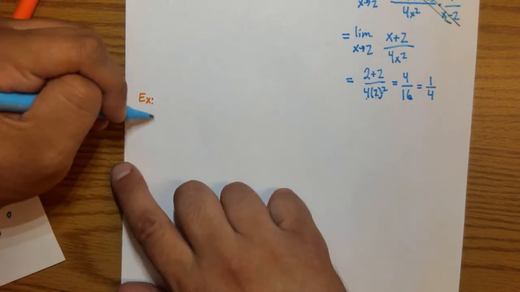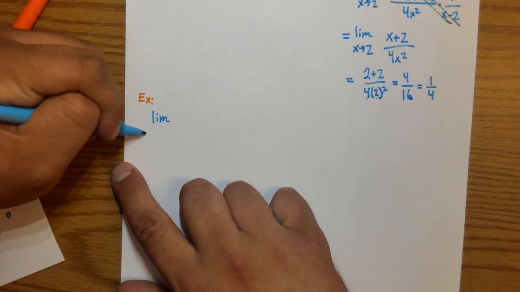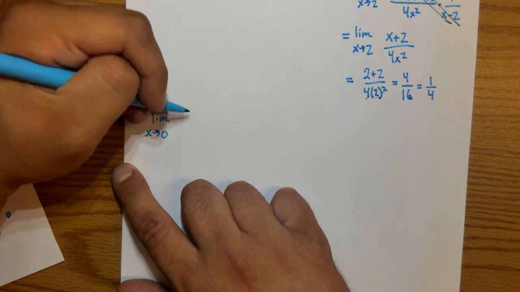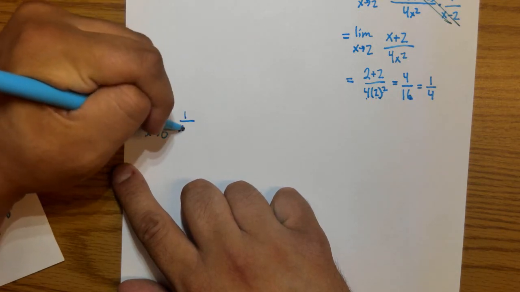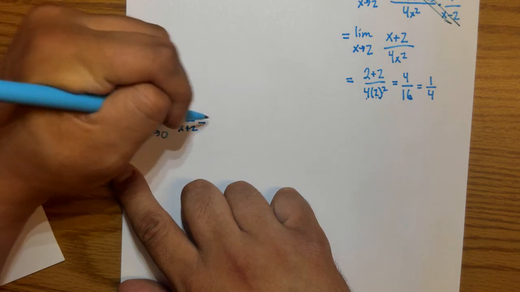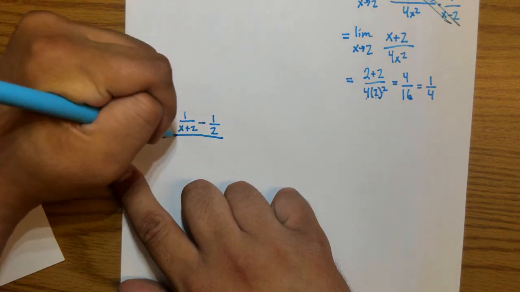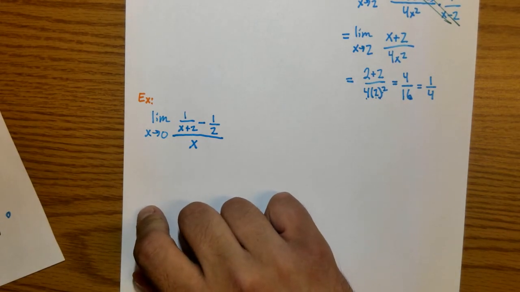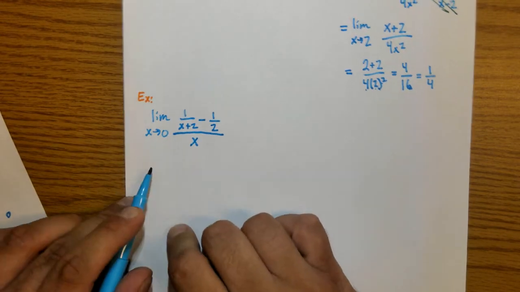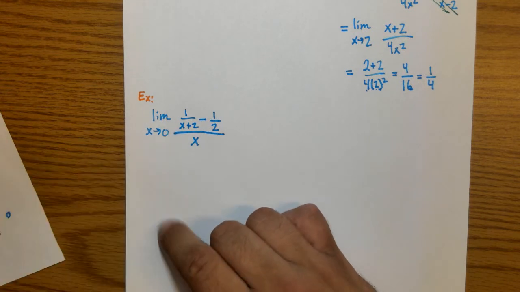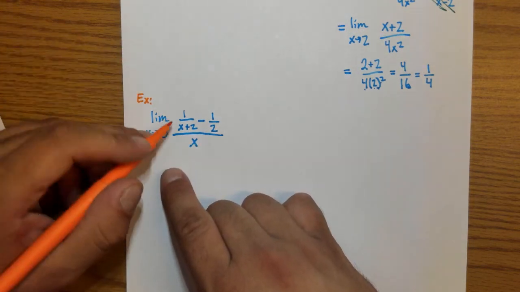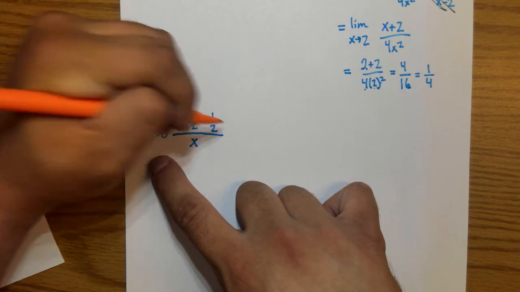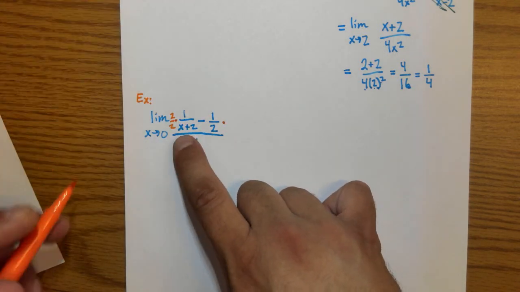And this one will be the limit as x approaches 0 of 1 over x plus 2 minus 1/2 divided by x. So again, let's multiply by the other one's denominator. So in this one, we're going to multiply both sides by 2, and over here, we're going to multiply both sides by x plus 2.